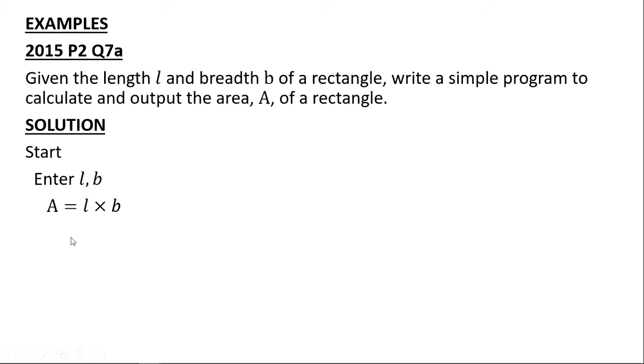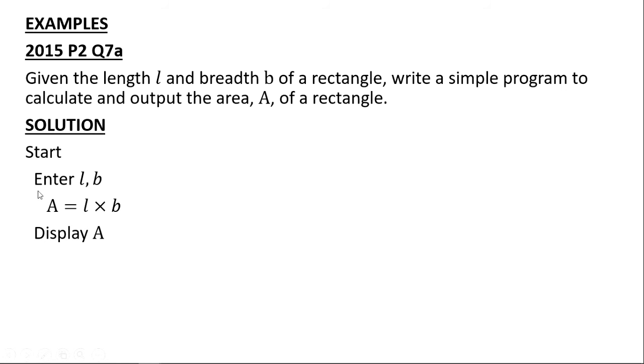Then we have to get our output. Where we have enter here for the input, our output is supposed to be in the same straight line, which is vertical like that. So our output will be under enter. So we are going to say the output is display A, which is display the area.